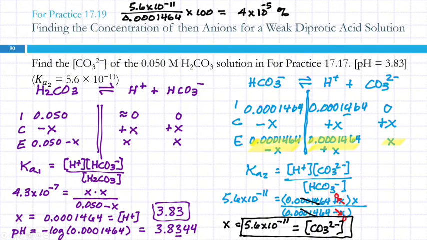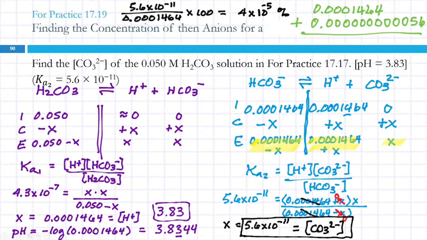And just for funsies, let's see what would happen if we go ahead and calculate the new hydrogen ion concentration. The new hydrogen ion concentration would be 0.001464 plus, so if we add X on there, it doesn't make any difference.